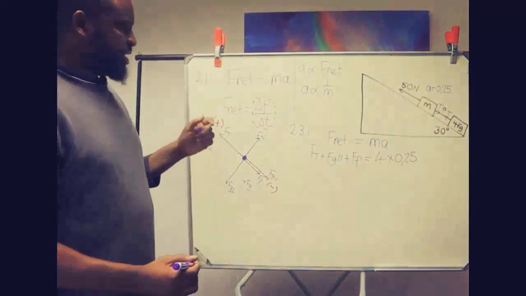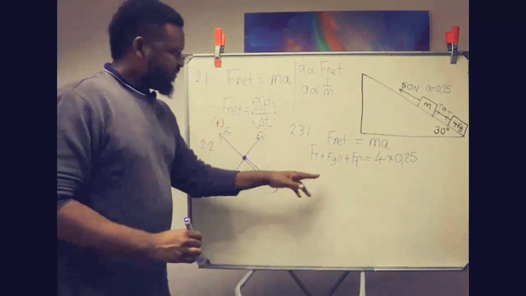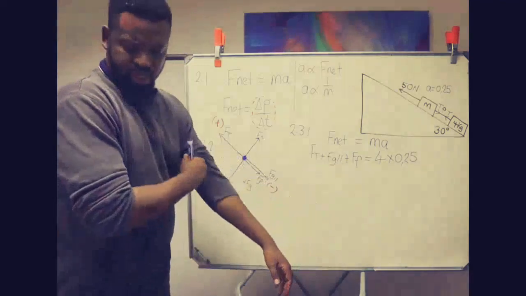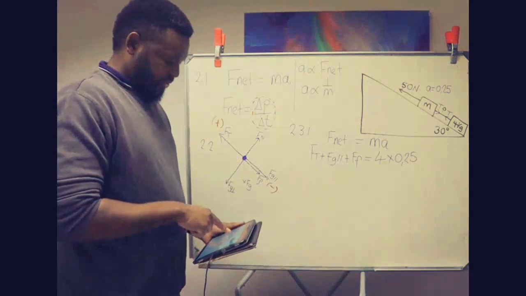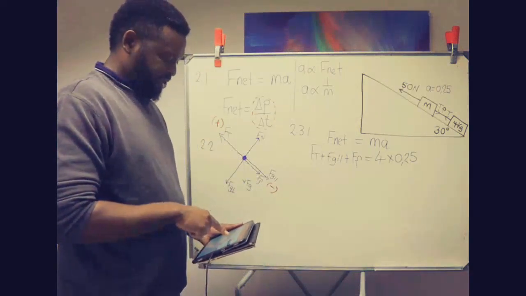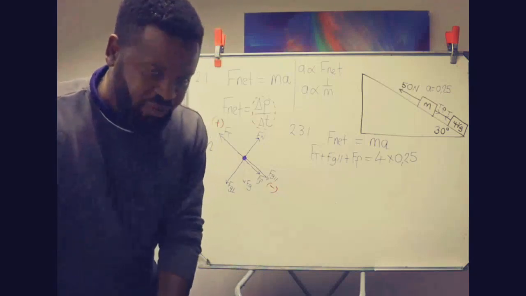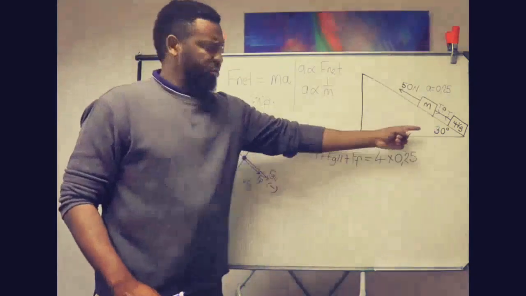Okay, now do I have Fg parallel? Do I have the frictional force? Now if I look at the question again, they told me that the coefficient of kinetic friction is 0.24. The moment you see that phrase, coefficient of kinetic friction, they're basically saying you need to calculate the frictional force.